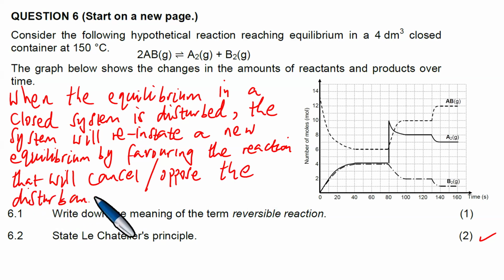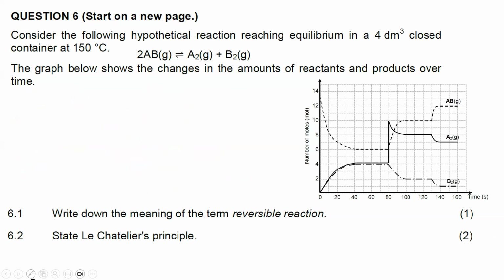When the equilibrium in a closed system is disturbed, the system will reinstate a new equilibrium by favoring the reaction that will cancel or oppose the disturbance. Learn it and memorize it. Next question.